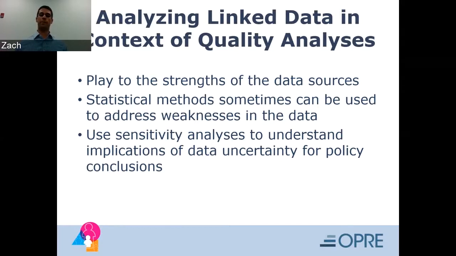You might also rely on administrative data or survey data more in different geographic areas to draw your conclusion. But play to the strengths of your data, focus on where the data quality is the strongest, and recognize the caveats that you have for your analysis.